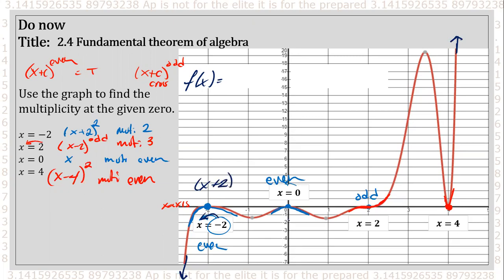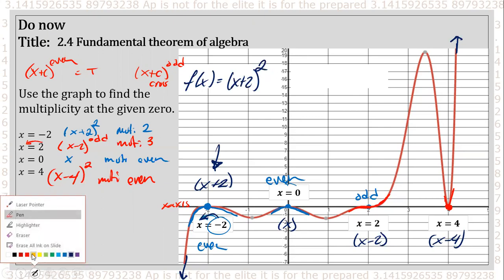So there's an x plus 2, an x, an x minus 2, and an x minus 4. All I did was, instead of solving for 0, I made the right-hand side equal 0 by either subtracting or adding. So I have this term, x plus 2, and it touched the x-axis, so I'm going to make that positive 2.